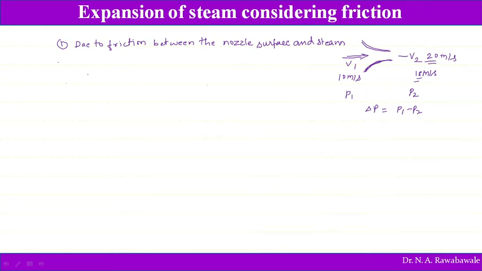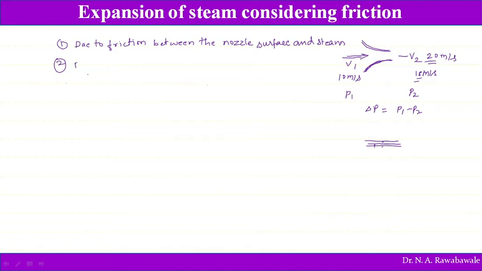The second reason is due to internal fluid friction in the steam. Say here when steam is passing through this nozzle, these two layers of steam are going to have friction with each other. So this friction also reduces the velocity.